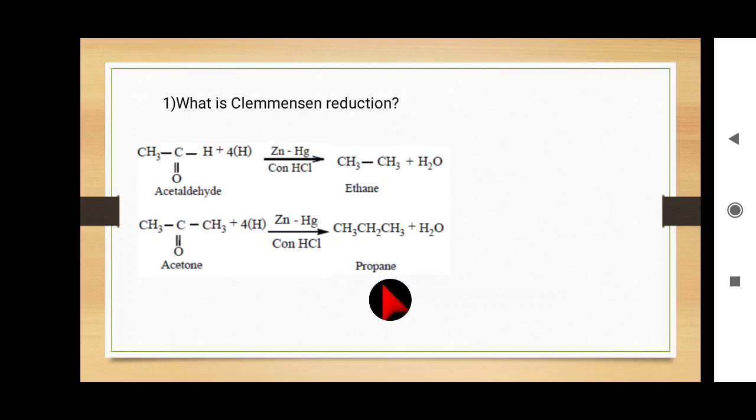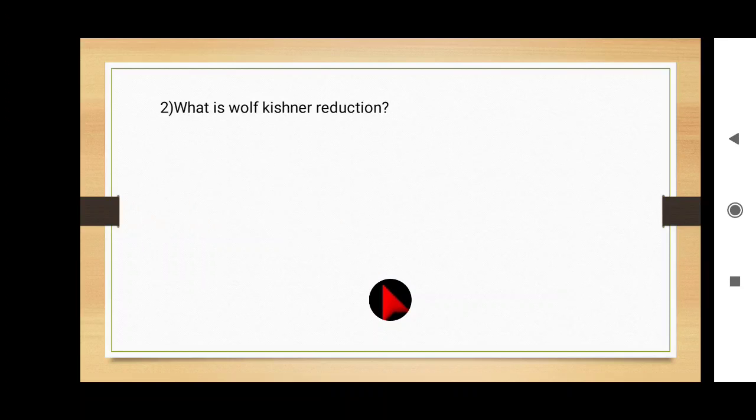Now let us move to the second question. What is Wolff-Kishner reduction? In this reaction also, aldehydes and ketones are heated with hydrazine.